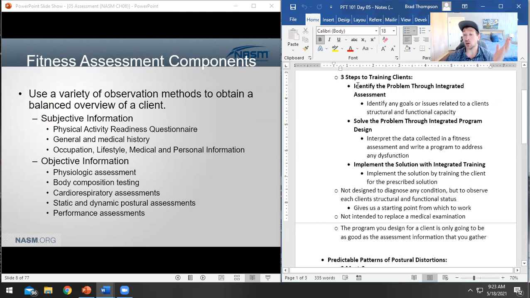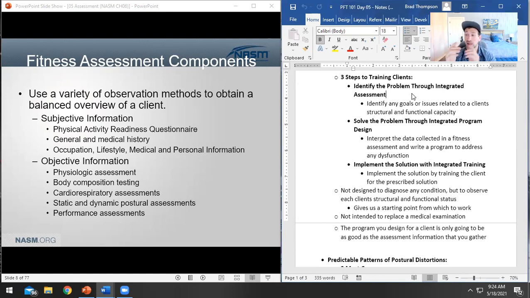Our first job is to identify the problem through an integrated fitness assessment. The 3 steps to working with any client always start with identifying any problems there happen to be. So our job is to identify any goals or any issues that our clients might have related to their structural capacity or their functional capacity.